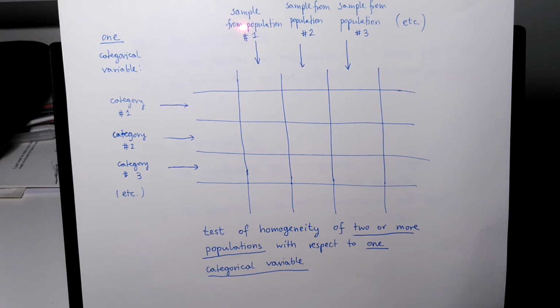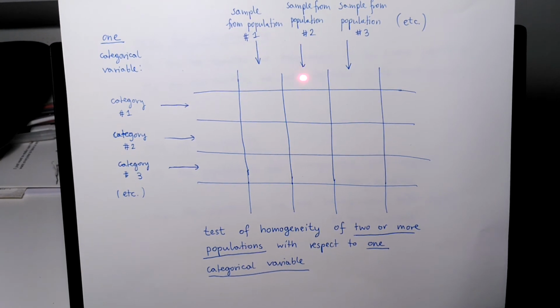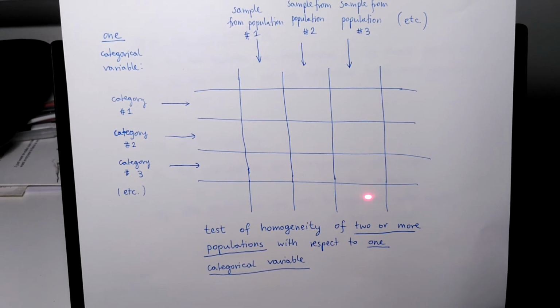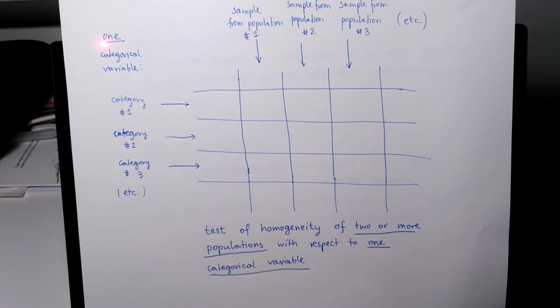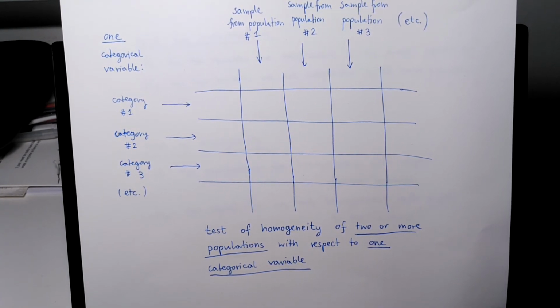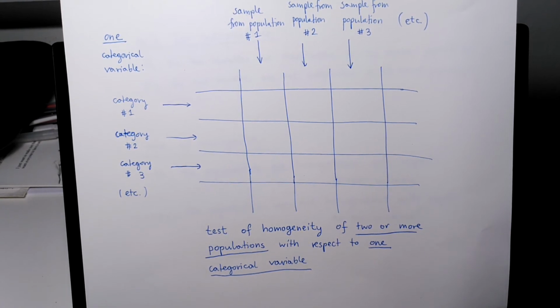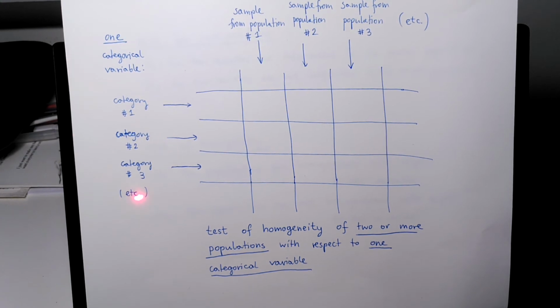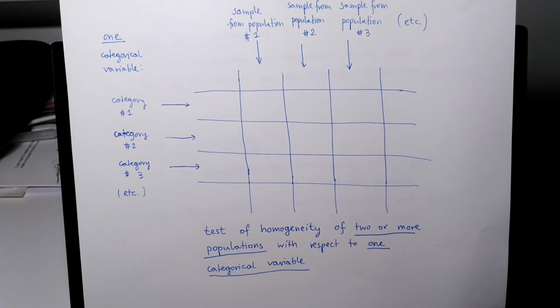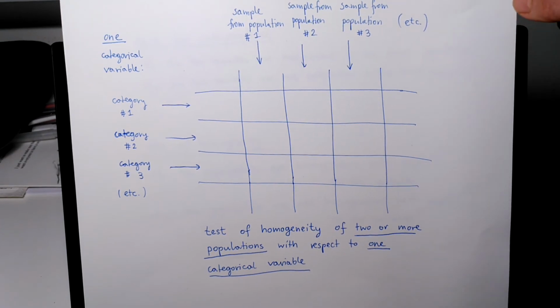So the sample data are distributed in the columns, and then categories of that one and only categorical variable label the rows of the table. In this test, we try to determine whether the distribution of this variable is the same in those several populations.